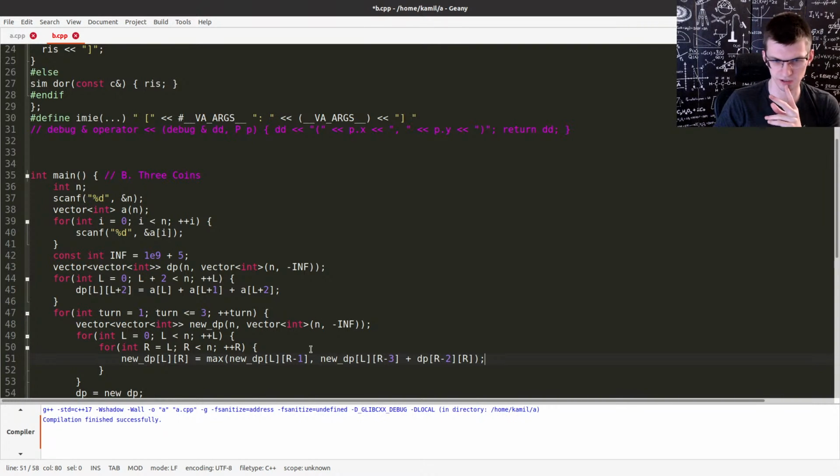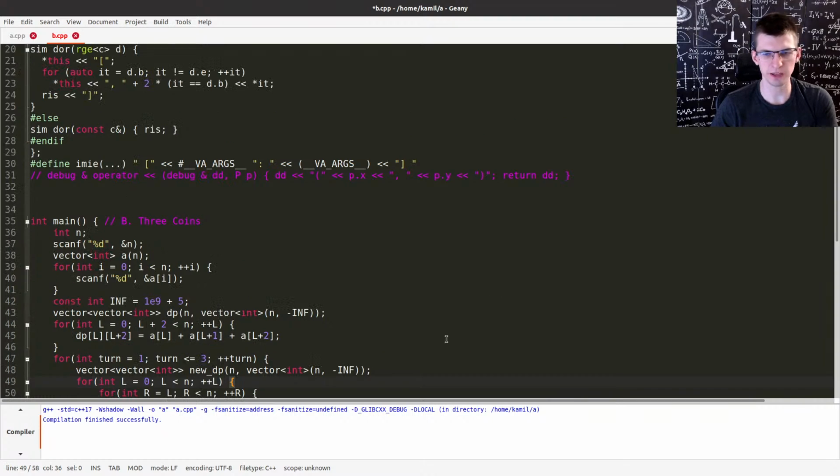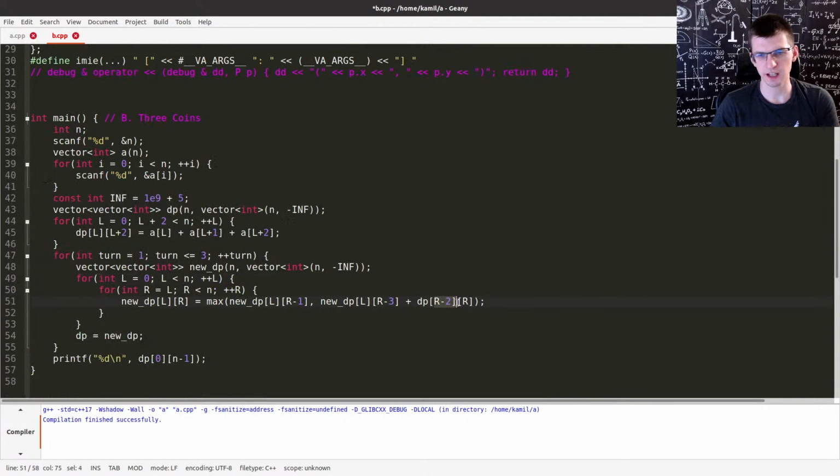Assuming that L and R are small enough. Because we use here smaller R, we use here greater L. L must go from big values. Oh, it doesn't matter because that's dp, so never mind. I will need some ifs here because that might be out of bounds.